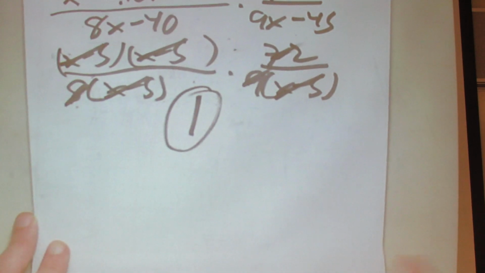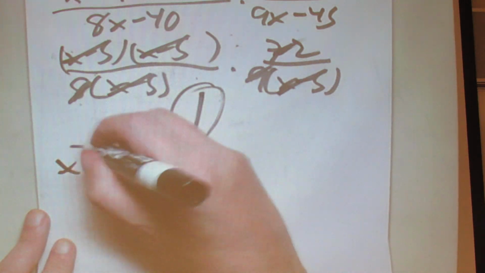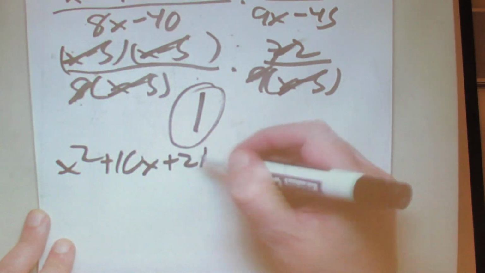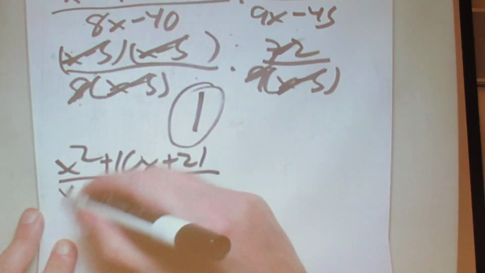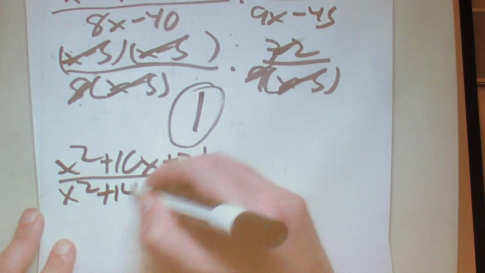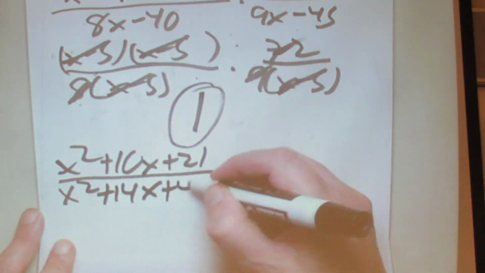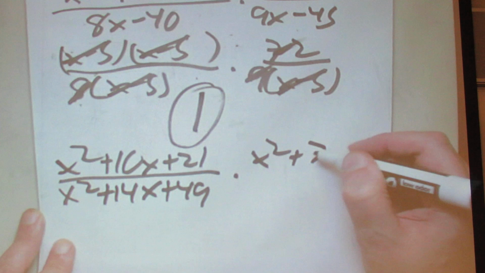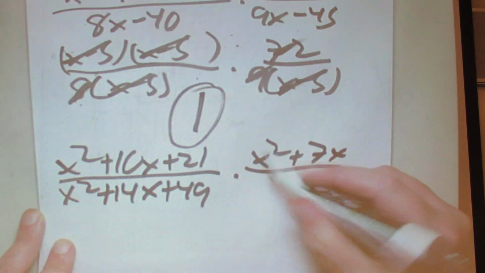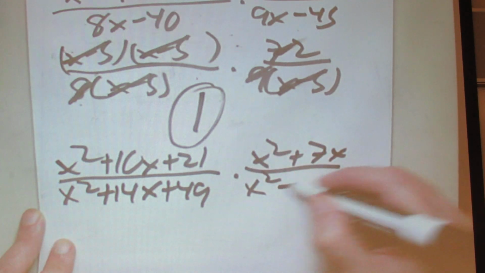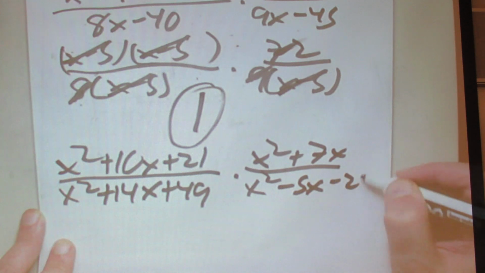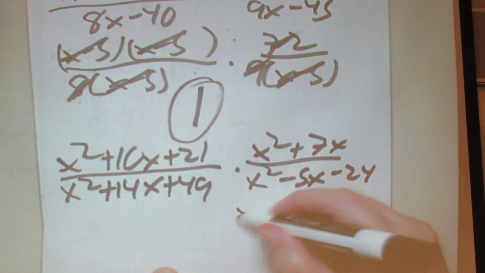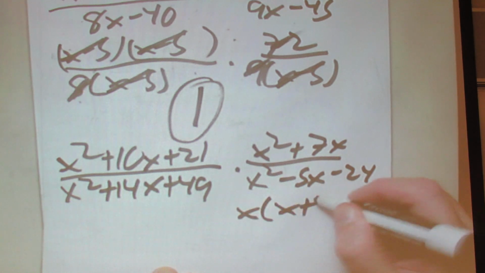Next, let's say we have (x squared plus 10x plus 21) over (x squared plus 14x plus 49) times (x squared plus 7x) over (x squared minus 5x minus 24). I'm going to start with this one, factor out an x, and we're left with x plus 7.